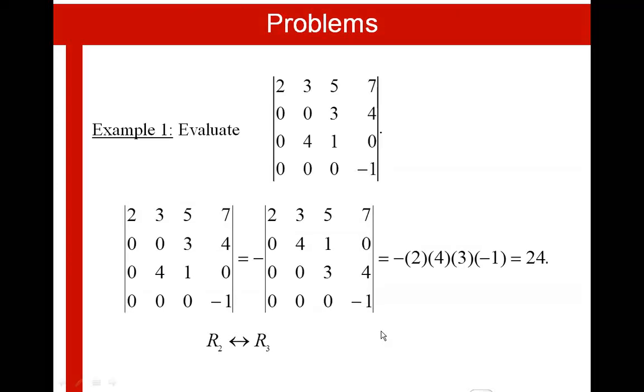Let's look at examples. Example 1. We have this matrix here which is 4 by 4. We are being asked to evaluate the determinant. Here we start off by copying the matrix the way it is. Then we interchange row 2 with row 3. All we have to do is interchange these two rows.